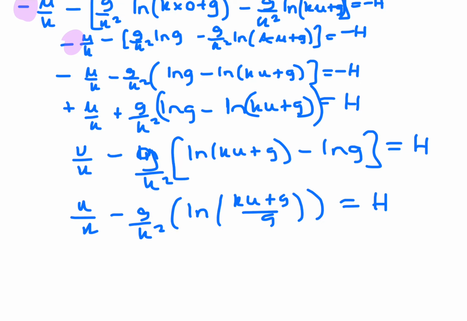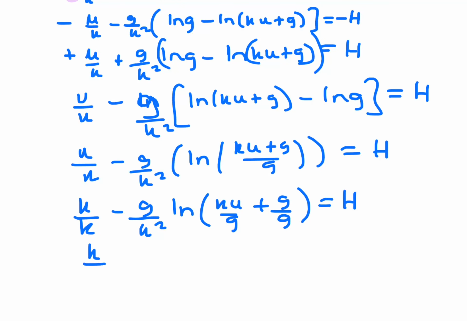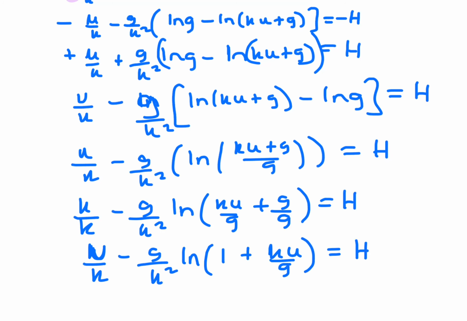And that's going to be mu on k minus g on k squared ln, now it's k mu on g plus g on g, which equals h, which is mu on k minus g on k squared ln 1 plus k mu on g equals h. Okay, which is the required result.